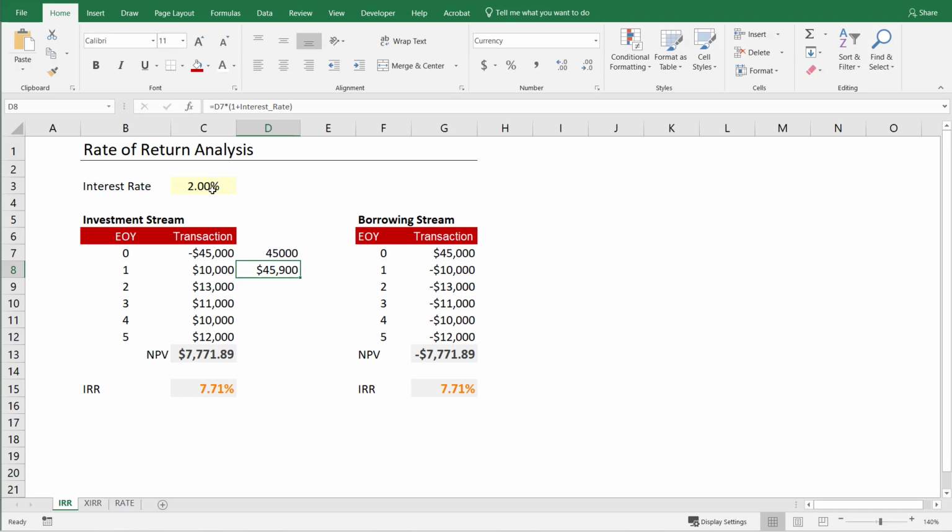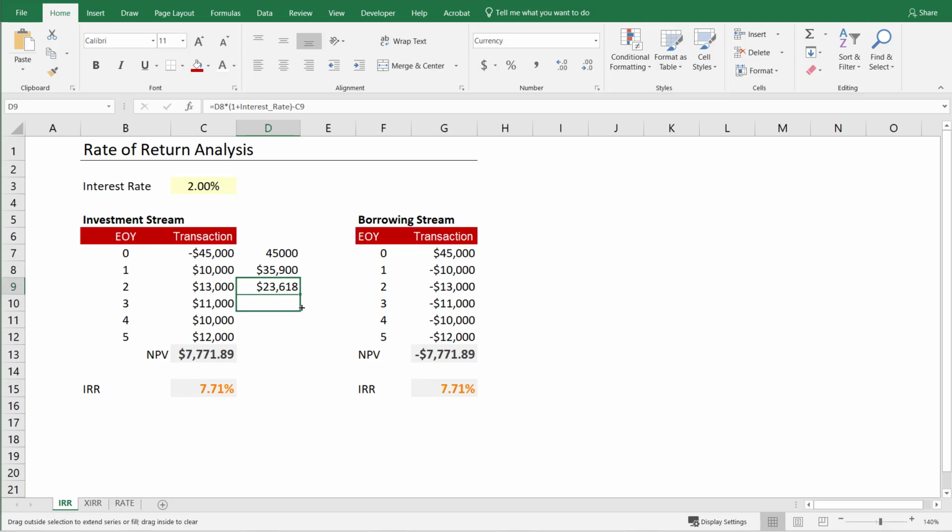But what I want to see is, could I take this money out and still end with a zero balance? And so if I were to say I made 2%, could I take out $10,000? Sure, and that would leave me with $35,900. In the next year, if I were to earn the interest rate on the $35,900 and took out $13,000, the account would be left with a balance of $23,618.